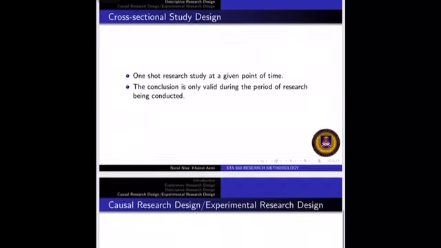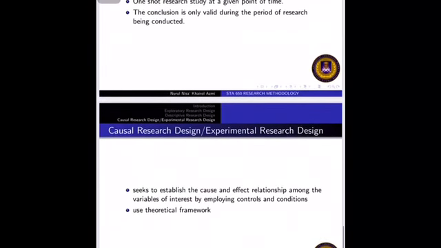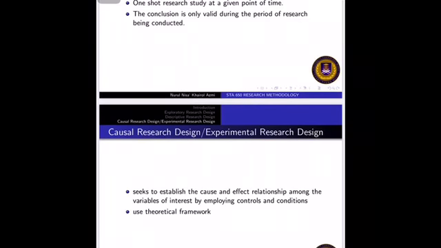So the next research design is the causal research design, also called the experimental research design. Causal research design seeks to establish the cause and effect relationship among the variables of interest by employing controls and conditions. In causal research, we use a theoretical framework.